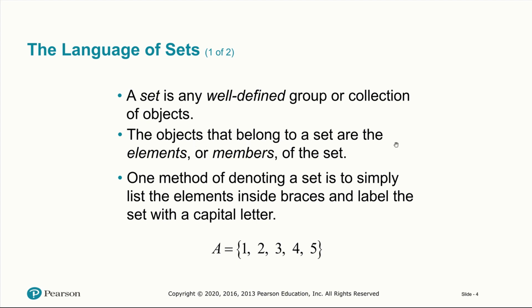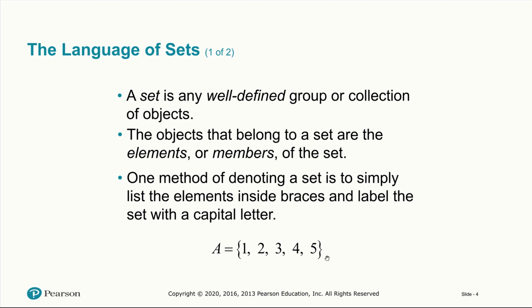The objects that belong to a set are called the elements or members of the set. You can use those terms interchangeably. One method for denoting a set is to simply list the elements inside braces.